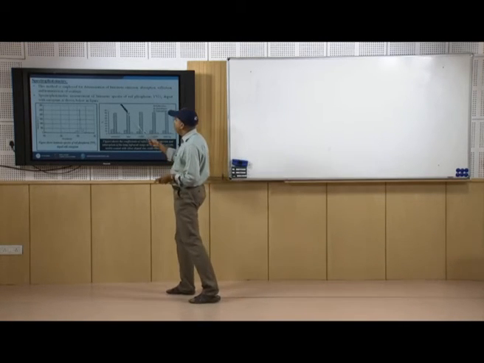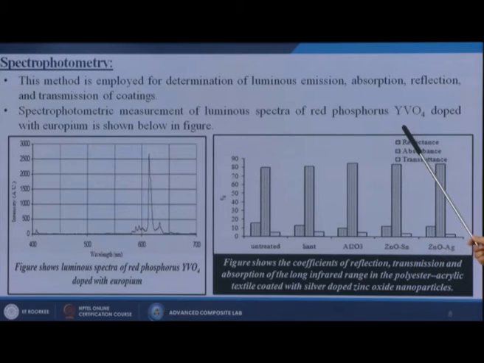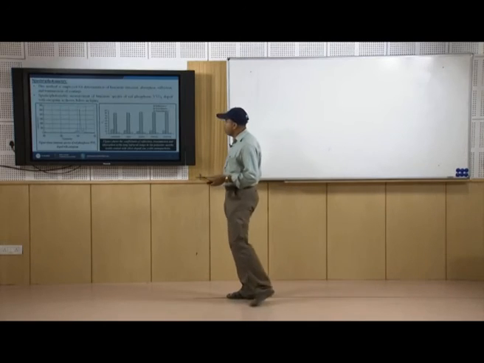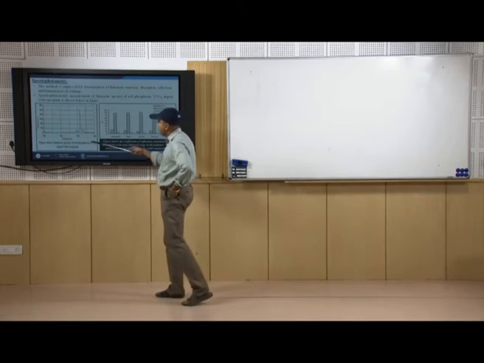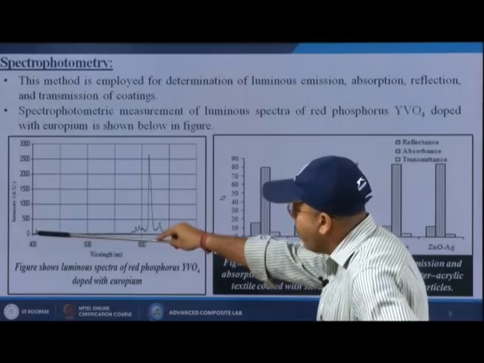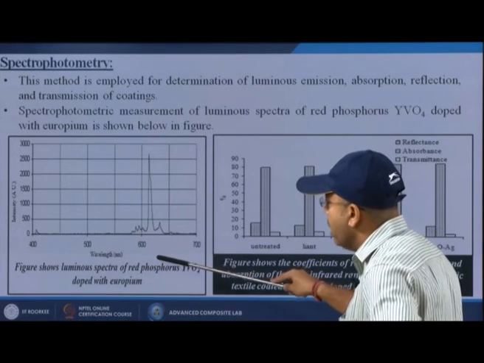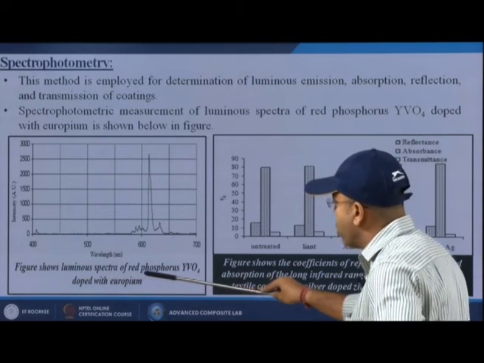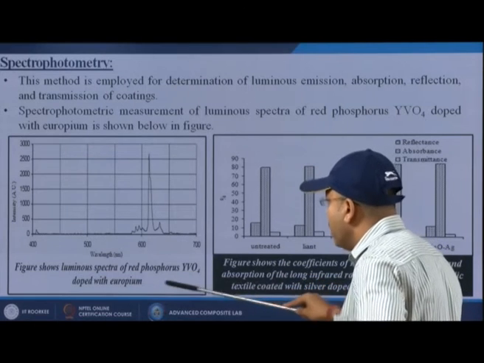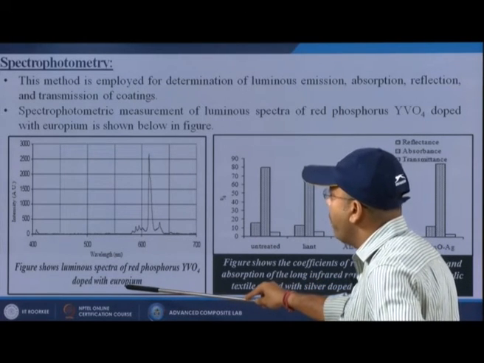Spectrophotometric measurement of luminous spectra of red phosphor yttrium borate doped with europium is shown here. In this case the y axis is the intensity and the x axis is the wavelength. So this figure shows luminous spectra of red phosphor yttrium borate doped with europium.